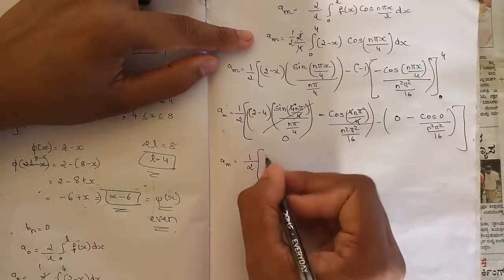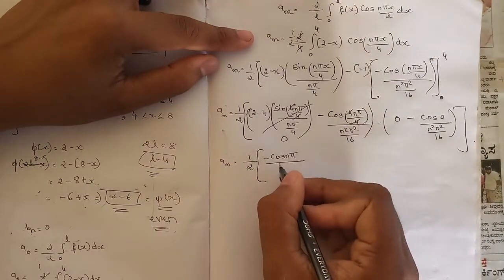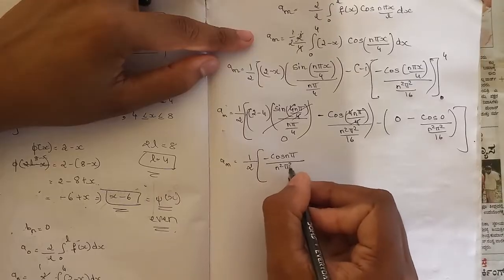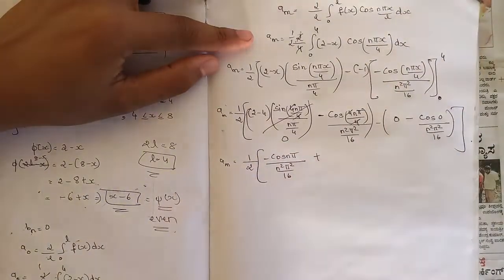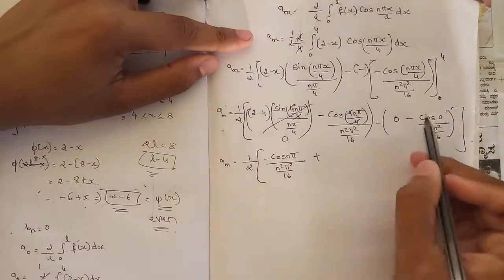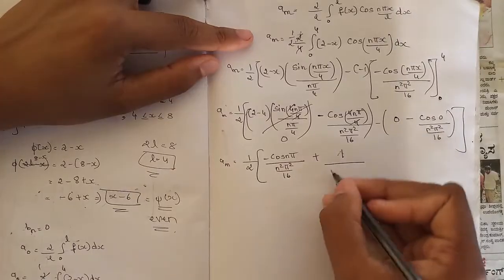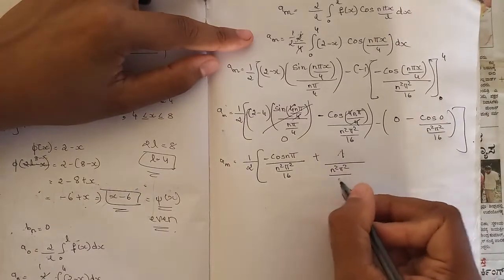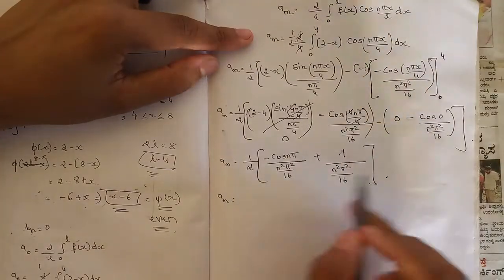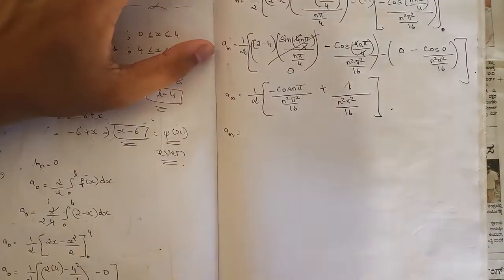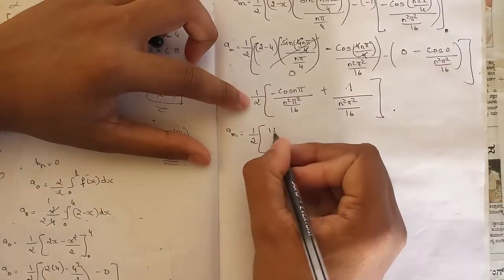We'll write them: minus cos n pi divided by n square pi square by 16 plus cos 0 is 1. Minus into minus, right? So it becomes plus 1 divided by, so the same thing again, the denominators are same. We'll take the reciprocal and we'll take it out common.